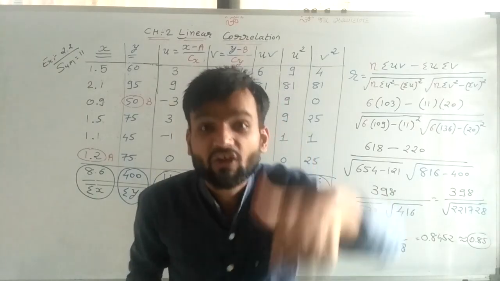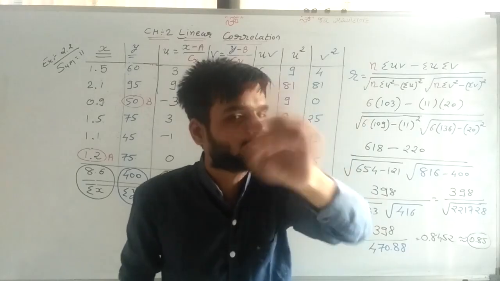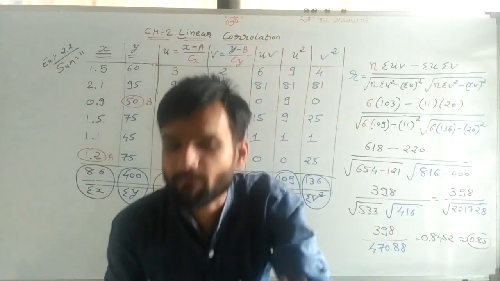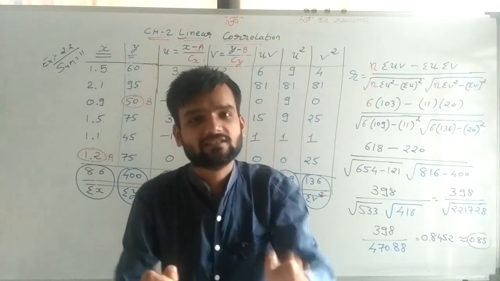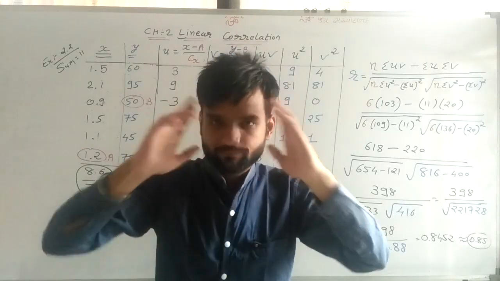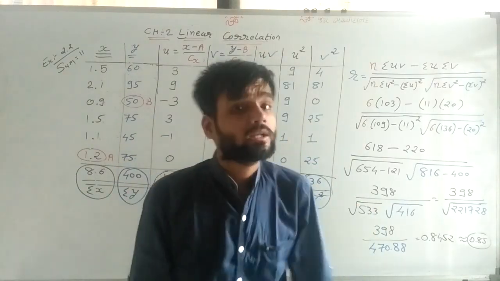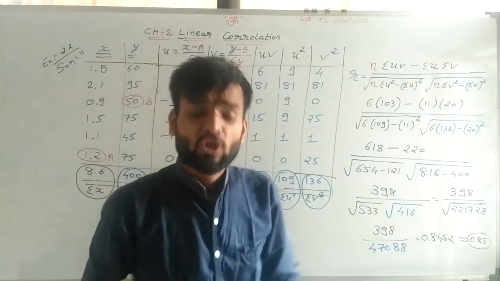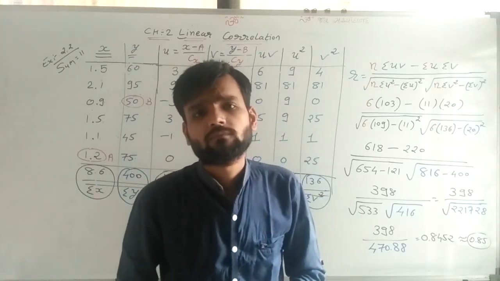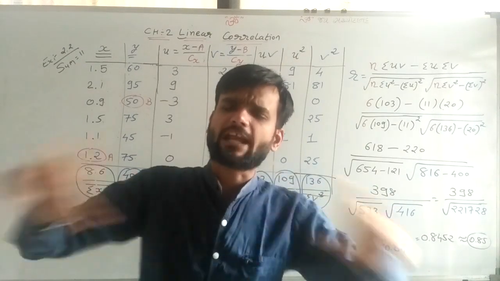That's why the first formula, the x minus x bar formula, is used when the x bar and y bar values are natural numbers.